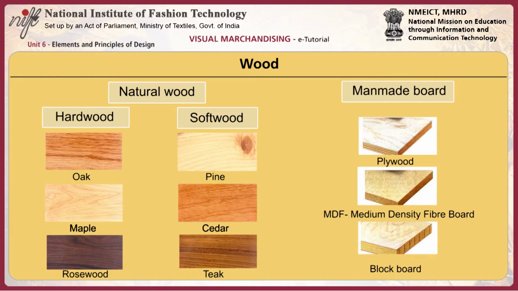First, let us talk about wood. Generally speaking, there are only two types of wood. One is hardwood, the other is softwood. Hardwood and softwood do not necessarily mean that the wood is either hard or soft. Hardwood comes from deciduous trees or angiosperms. These are trees whose seeds have covers and they shed their leaves annually.